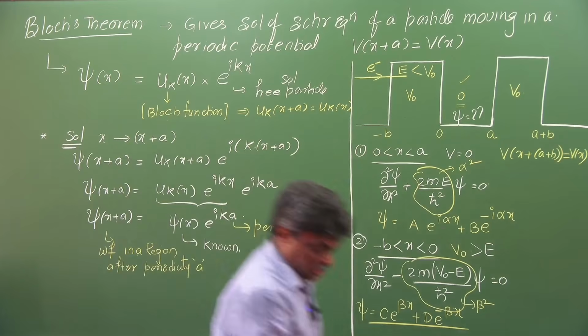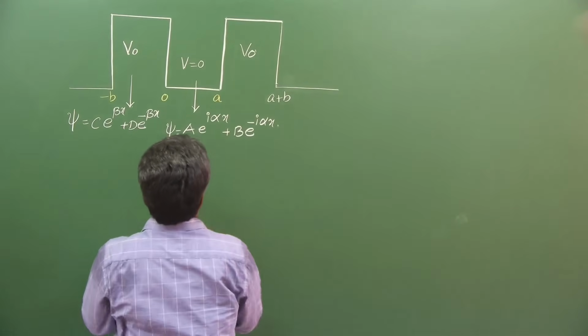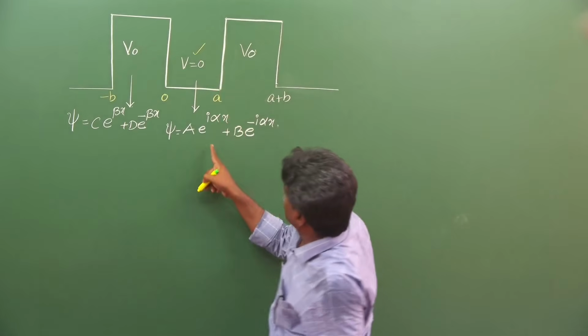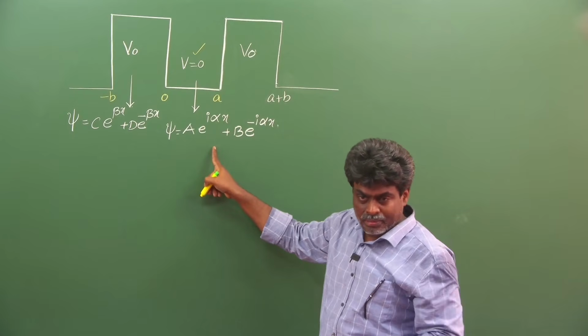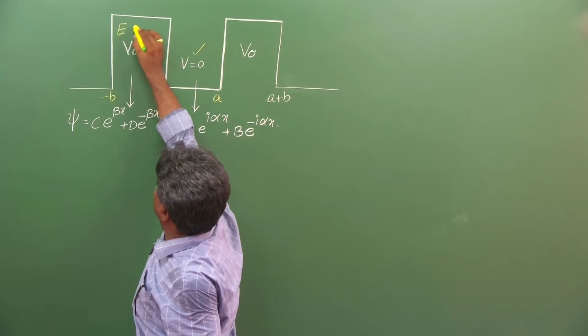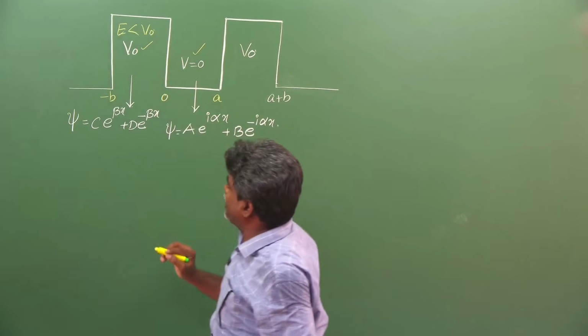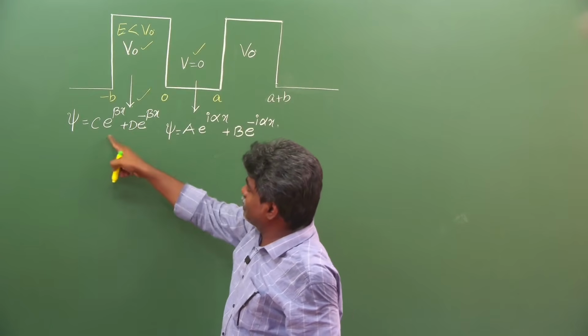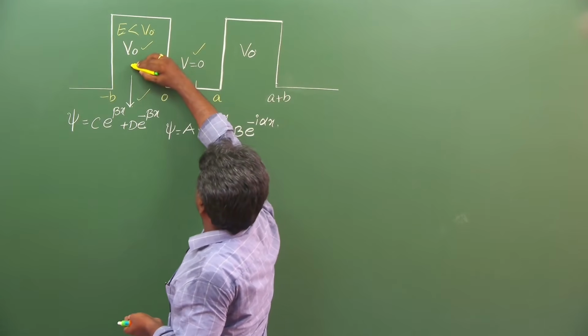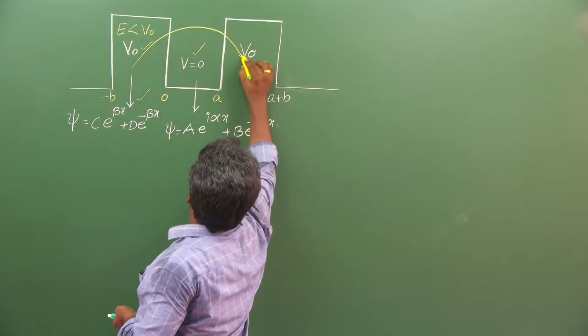Now please listen. Here the potential is 0, and we know the solution, sinusoidal. Where the potential is V naught, of course the energy of the electron is definitely less than V naught, and we got this exponential solution. Now, everyone see, I would like to find the solution in this region.